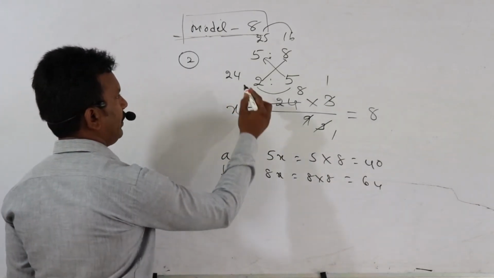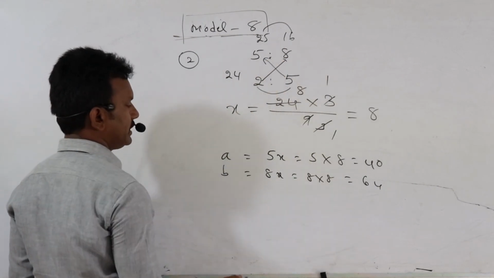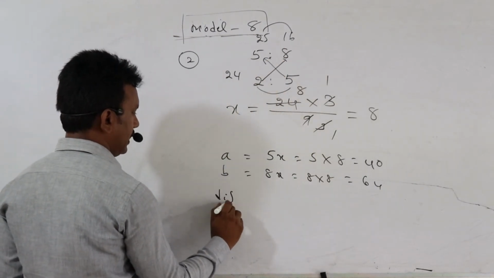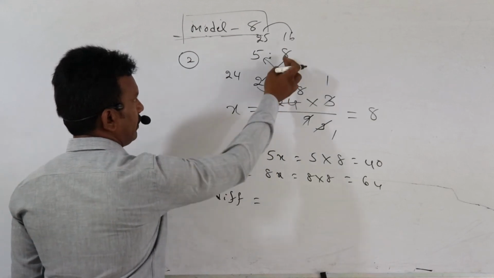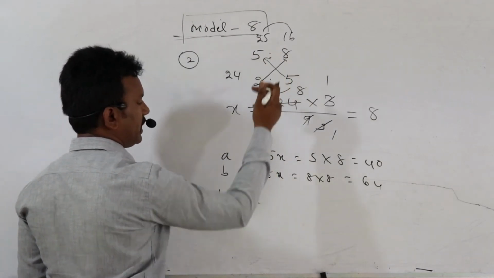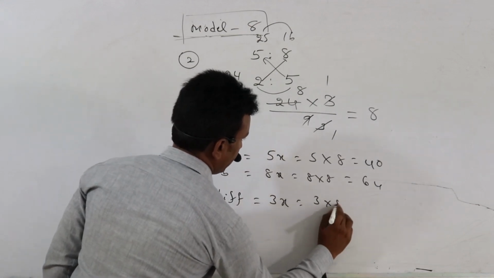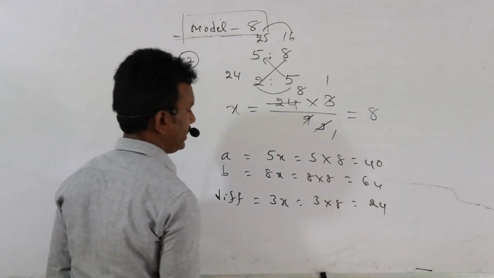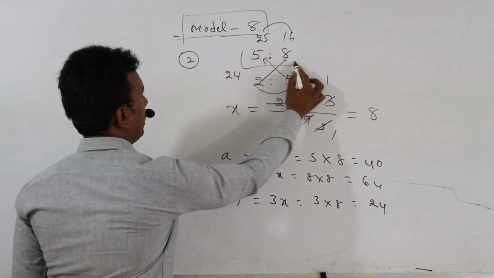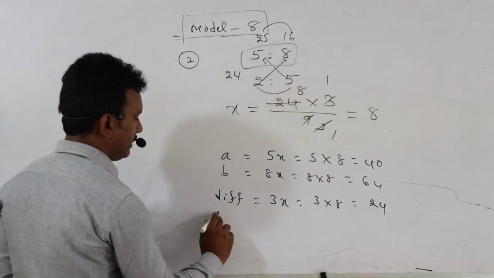And easily we can find the difference of these two numbers. How many parts of difference are there? 3 parts of difference. So the difference is 3x, that is 3 into 8, 24 is the difference. Next we find the sum of these two numbers. What is the sum here?